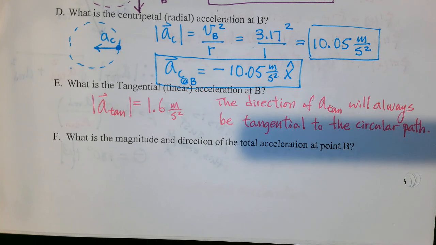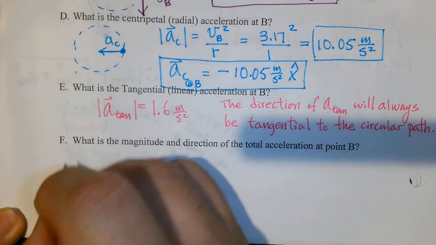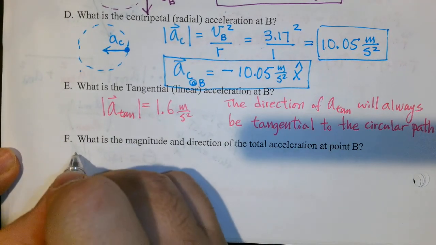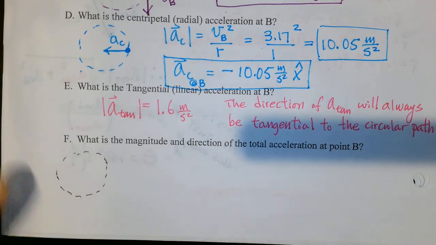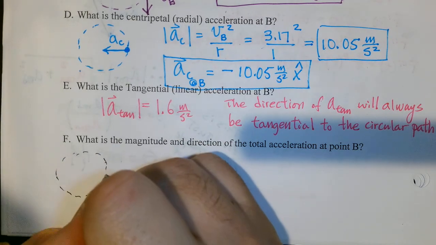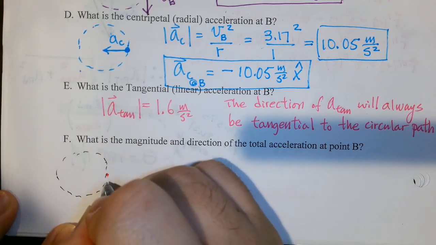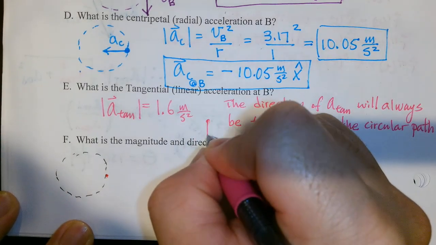That simple. So if I look at this circular motion, here's my A tangential at that point B, and you know it has to be down like this.